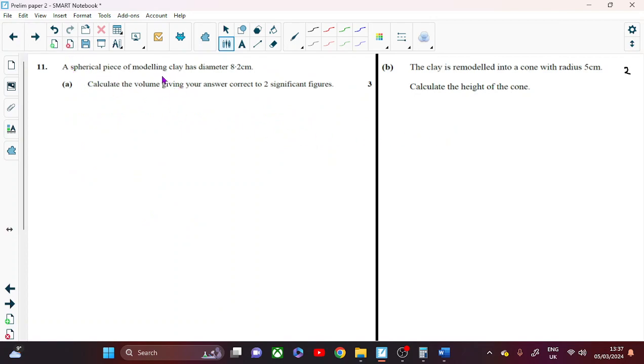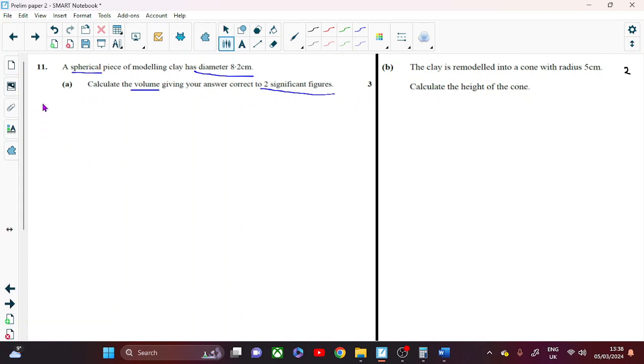Right, a spherical piece of modelling clay has a diameter of 8.2 centimetres. We're told it's a sphere and it's 8.2 centimetres. Calculate the volume correct to 2 significant figures. There's quite a bit going on here.